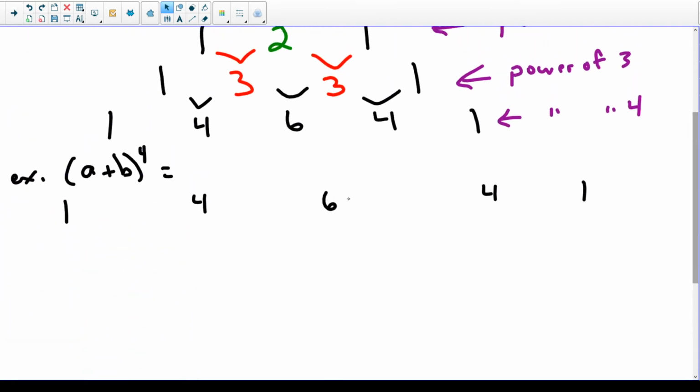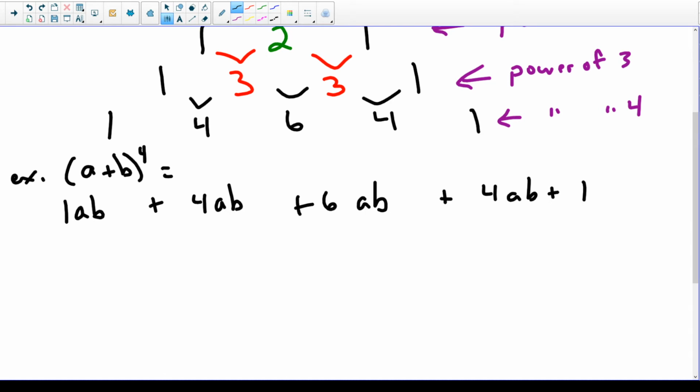Okay. So, like I said, I wrote the coefficients down. Now I'm going to write ab for each one of them. They're all added together.